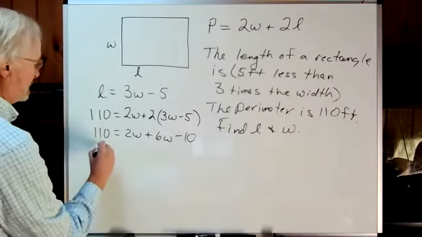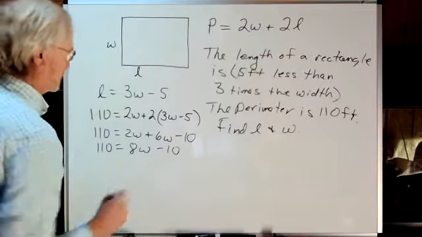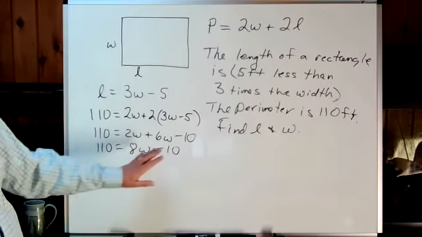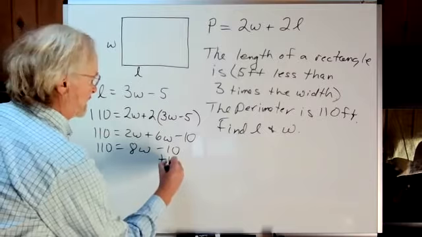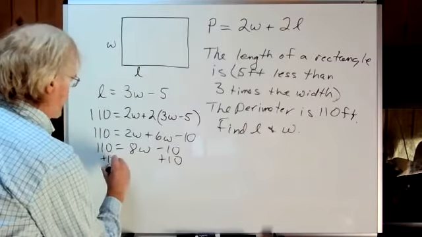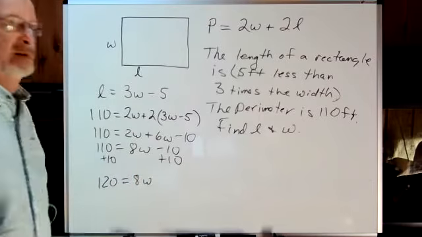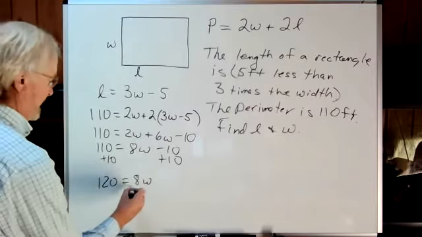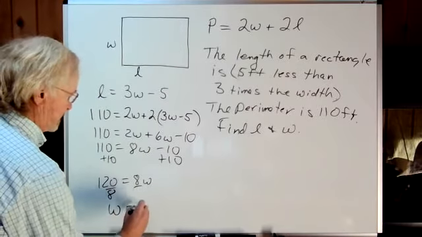I'll just combine those W's. Let's leave all the W's here and we'll add the 10 to both sides to cancel it out here. And I get that 120 is 8 W's. 8 times the width is 120. Divide by the 8. And I get that the W is 15.